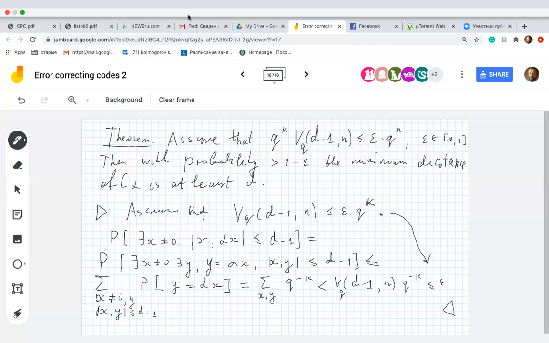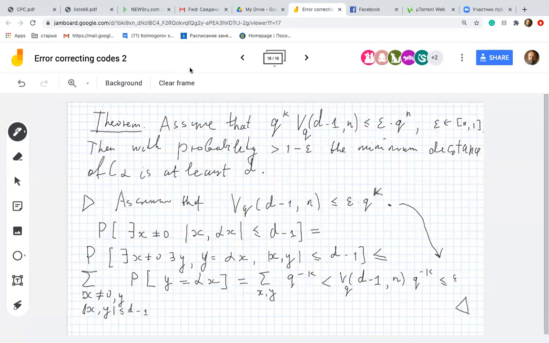Okay, so we have seen that there are random linear codes and Wozencraft codes, which are sort of also random linear codes on the Varshamov-Gilbert bound. But still for both families of codes, there is no efficient procedure to decode from errors.